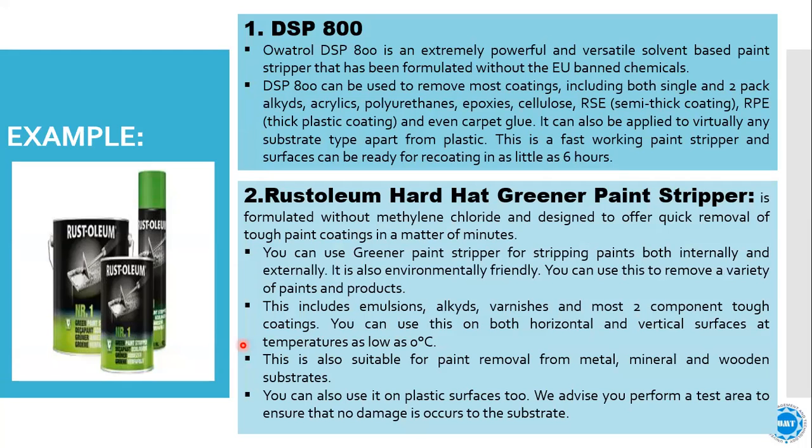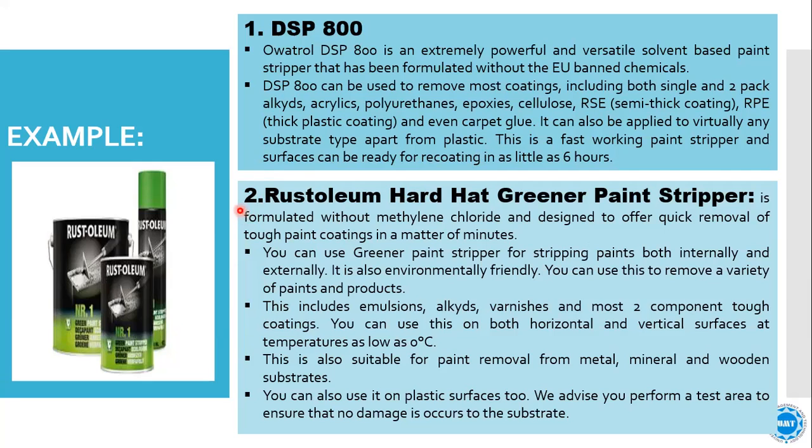DSP can be used to remove most coatings, including single and two-pack alkyds, polyurethanes, epoxies, cellulose, semi-thick coatings, etc., even carpet glue. It can be applied to virtually any substrate type apart from plastic. It is a fast-working paint stripper and surfaces can be recoated in as little as 6 hours.